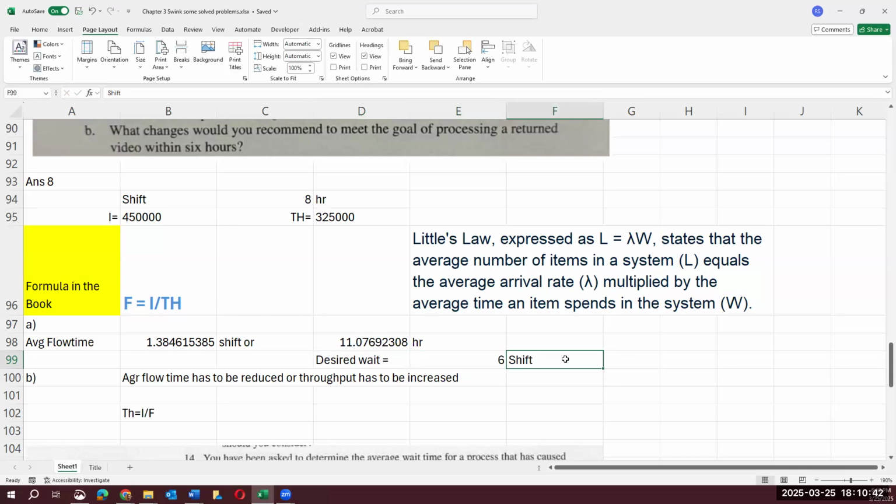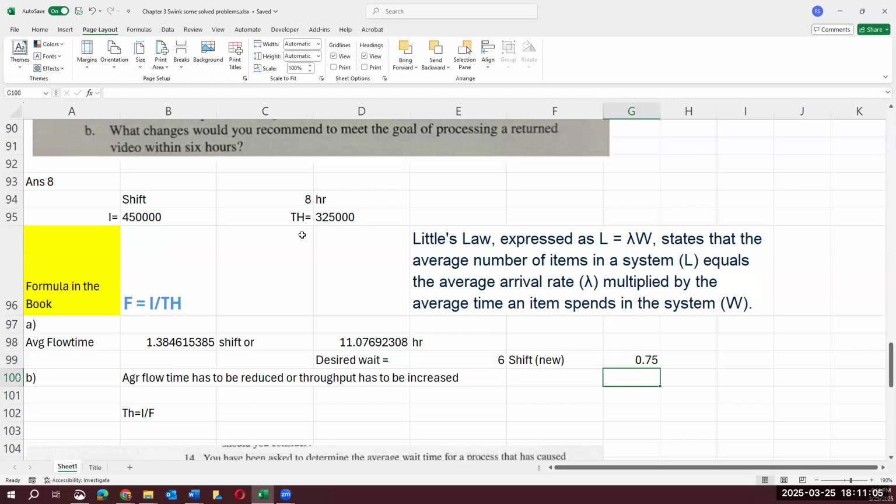So the new wait time, or flow time, in the system is going to be 6 divided by the shift of 8 hours, 0.75.